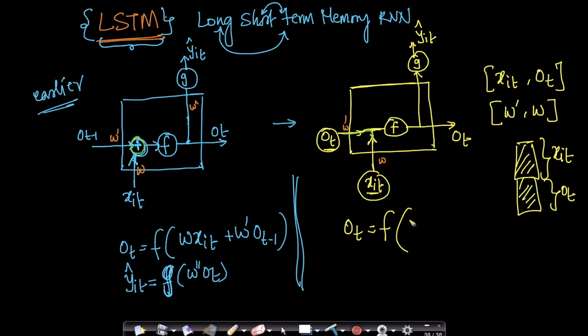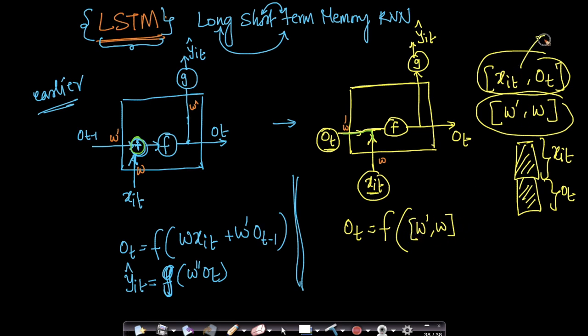So I will take my newly formed vectors and do a dot product between the concatenated weights W', W and the concatenated vector.